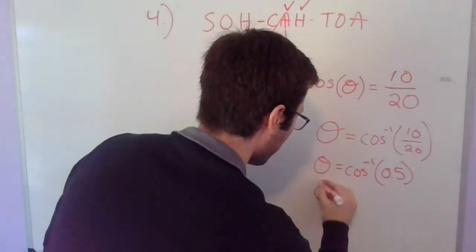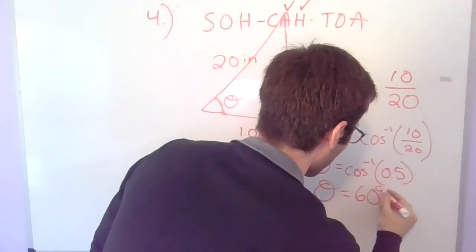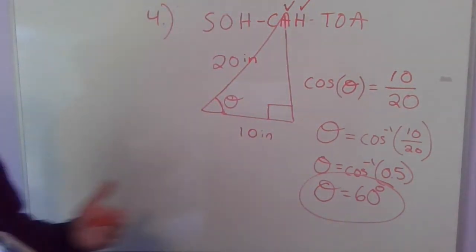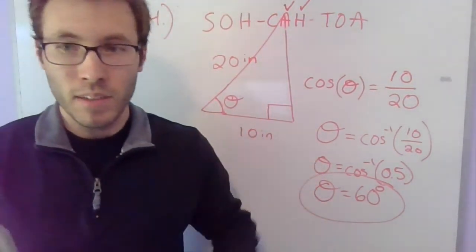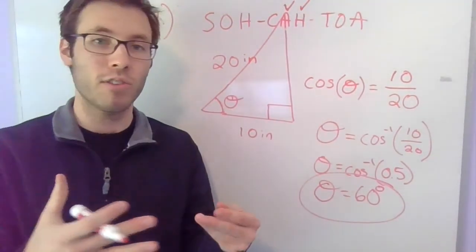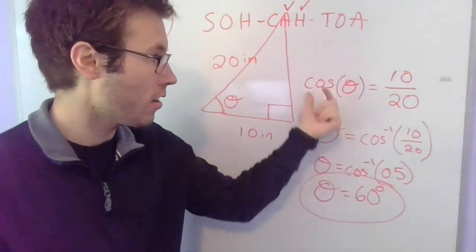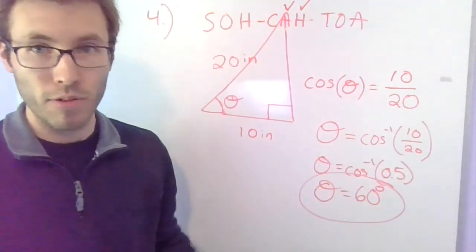So theta will be 60 degrees. That's how you figure out what angles are. I want to make sure everyone knows how to compute an angle. You take the inverse of it on the other side, and you go from there.